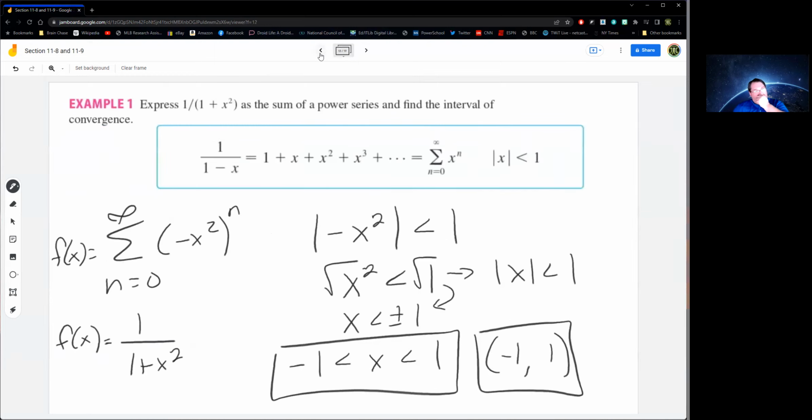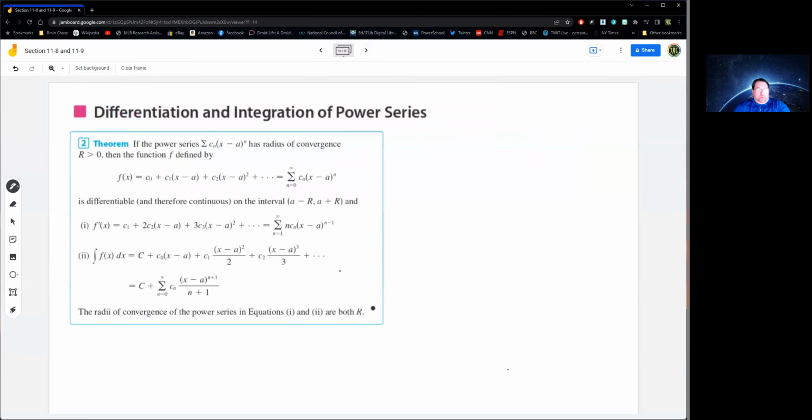So far, in the 2 examples we did, we basically just rewrote what they gave us. As long as we do the same thing to both sides, we can do a lot of things to it. And what we're going to look at now is one more step.